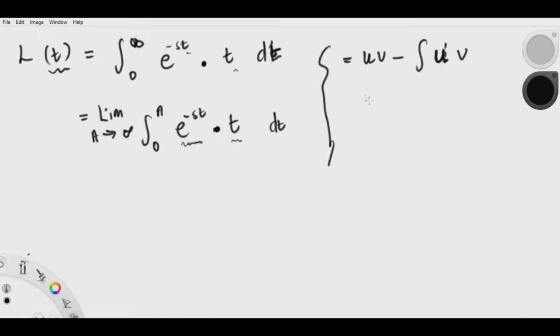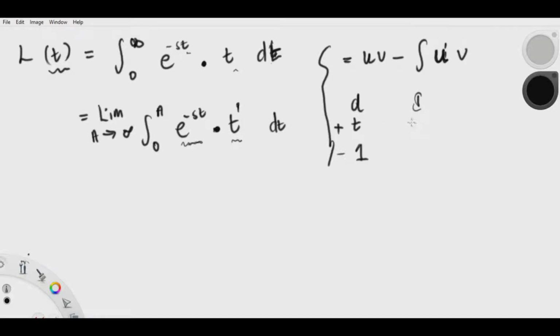Usually you pick something you can differentiate easily. If I look here, I can differentiate t easily. If I differentiate t, I'll get 1. It's easy, because t to the power of 1, 1 minus 1 is 0, t disappears, you're just left with 1.